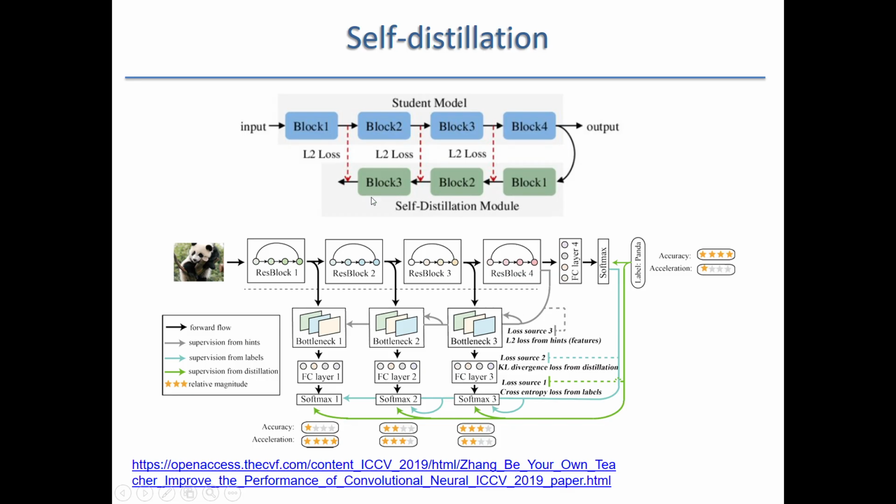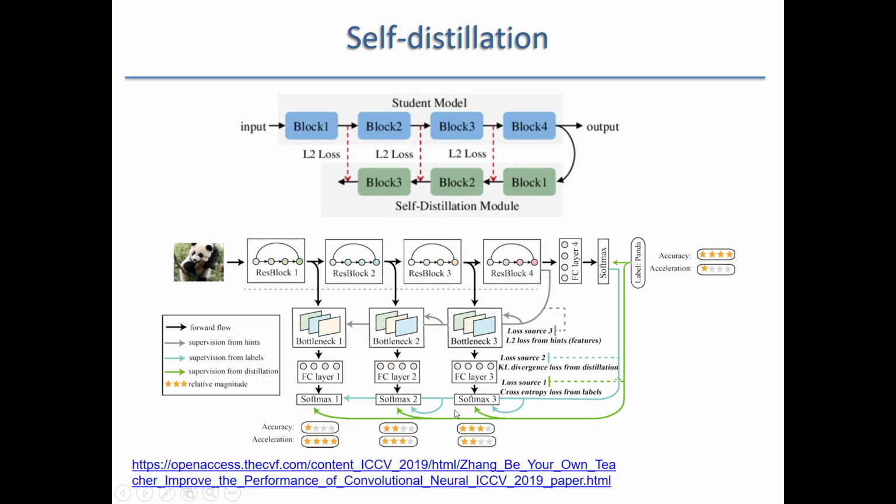This would be the self-distillation model, and then there is a loss between these two layers. This acts as the teacher, and this part acts as the student, and it has to produce an output. Later we can get rid of these green blocks and just run the blue blocks, the student blocks, to produce an output which is cheaper.